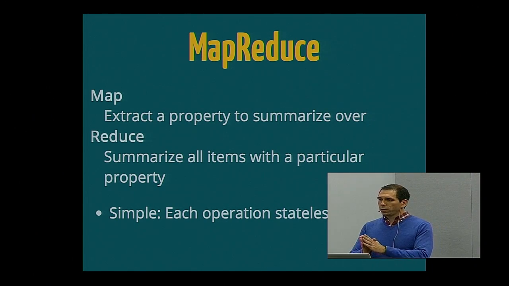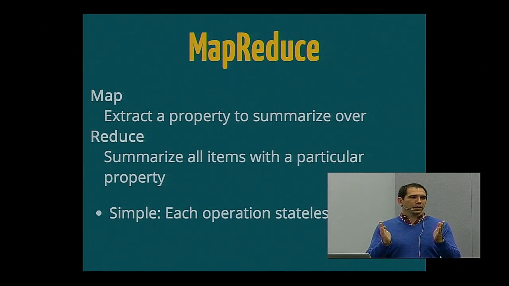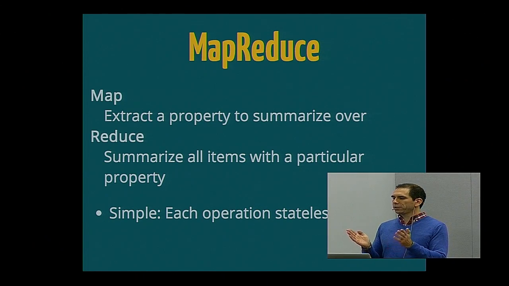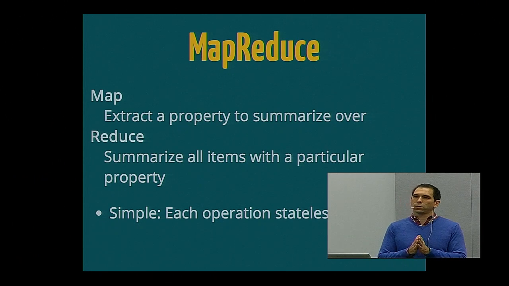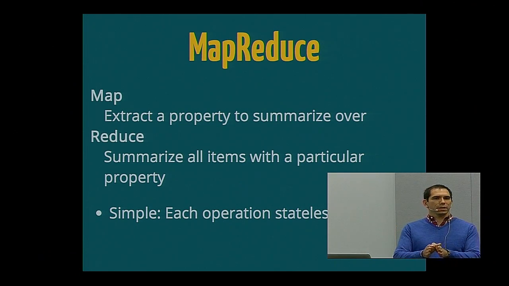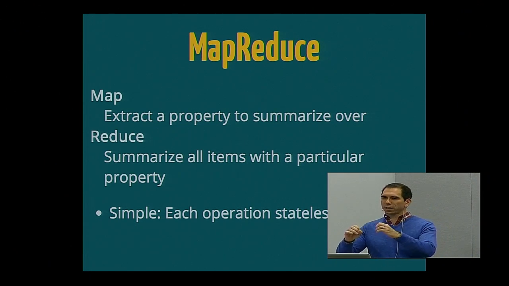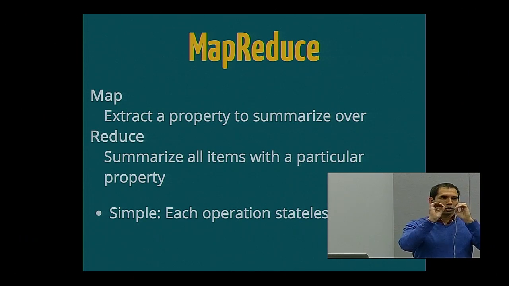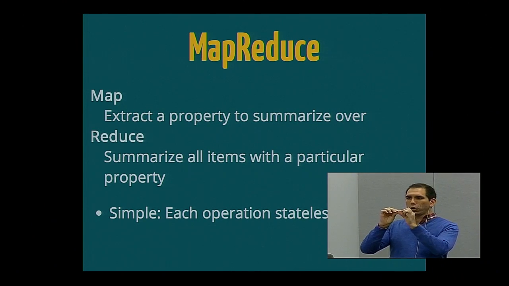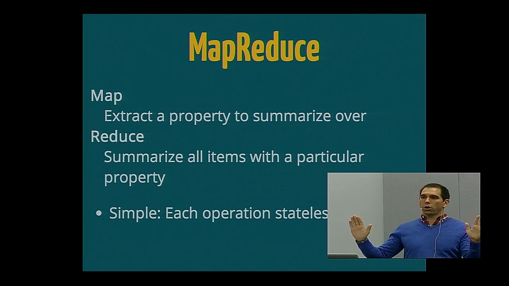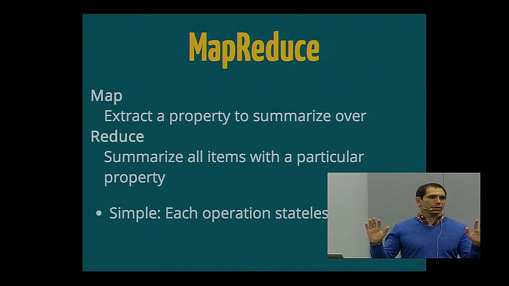Again, we have a very restricted interface, and each of these functions is going to be stateless. And what that means is, I like to call it tunnel vision. When we're looking at an individual log line or an individual review, that's all we care about at the time.